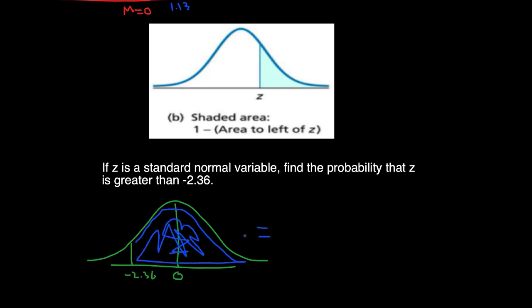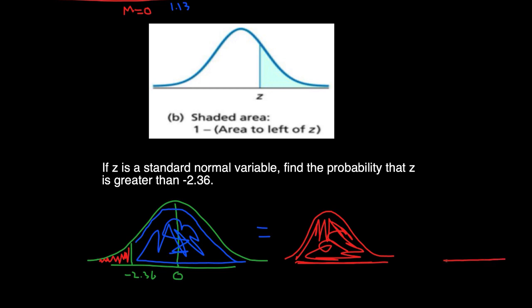The z table gives the area left of negative 2.36. The red colored area can be observed from the table, but we need the blue colored area. So how do we find it? The whole area under the curve equals 1, and we can find the area left of negative 2.36.